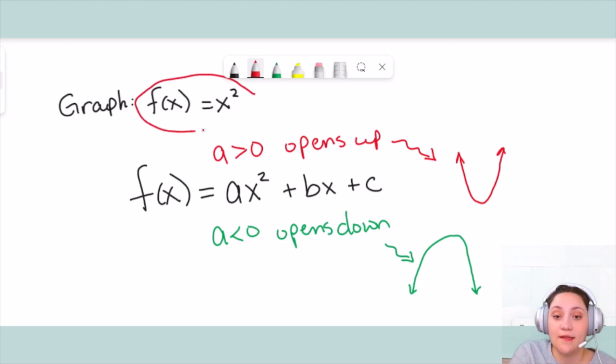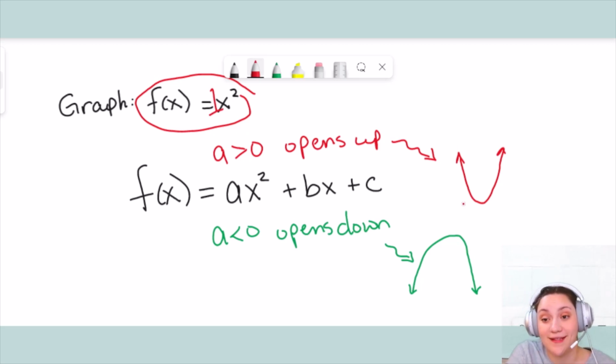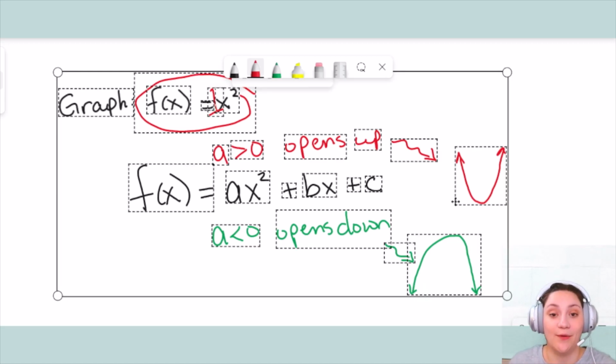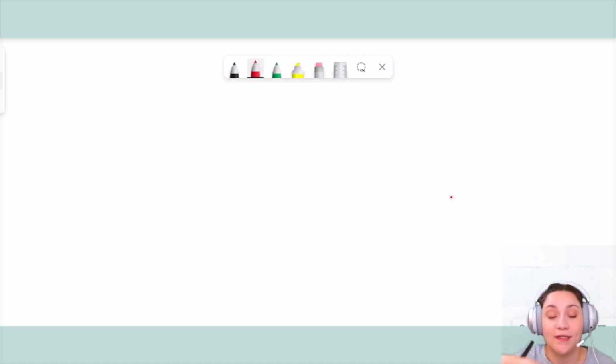So looking at this function that we just graphed, we see that a is equal to positive 1. So we have a positive 1 coefficient here, so it opens up, and that's exactly how our graph turned out when we graphed it with a table. But now we can just look at it and know, without having to make a table, whether that parabola opens up or it opens down.